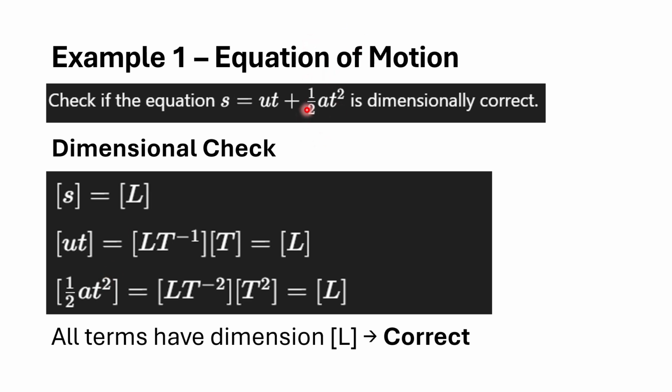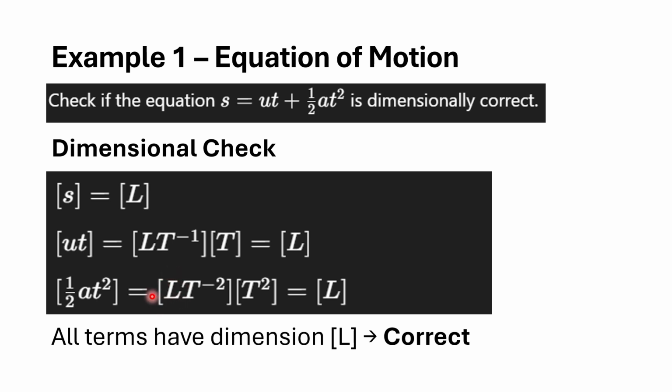Now let's check the last one, which is 1 by 2 at square. In the previous topic, I told you about the limitations of dimensional analysis: it cannot find the constants. So the 1 by 2 is ignored here, and we are left with only at square. a is the acceleration, meter per second square.